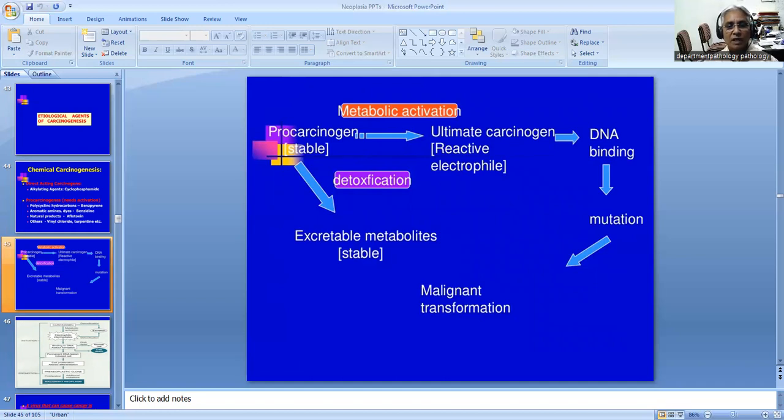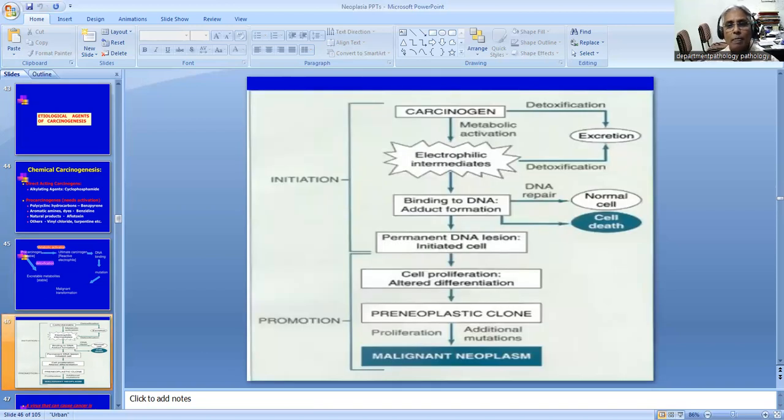So a procarcinogen is stable. If it is detoxified, it is excreted as a metabolite, or if it is activated, it ultimately becomes a reactive electrophile and binds to the DNA. This leads to mutation in the cell, and because of the mutation, there is malignant transformation. Carcinogens are either detoxified and excreted, or they need metabolic activation into electrophilic intermediates that bind to the DNA.